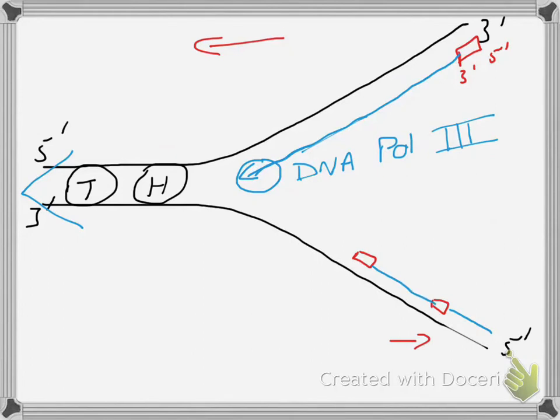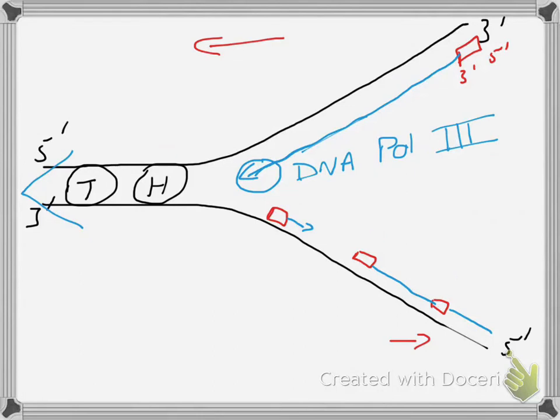If we open it up yet further, put in yet another primer, we're just getting started on this last one. So this one was first, this one is second, and this one is third, and eventually there would be a fourth and a fifth, and so on. That's the way it works.